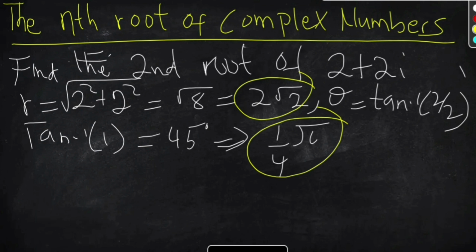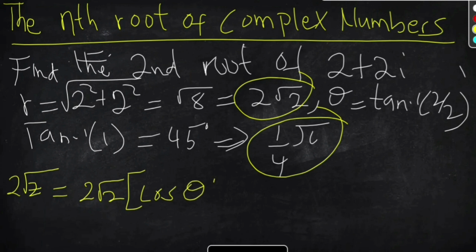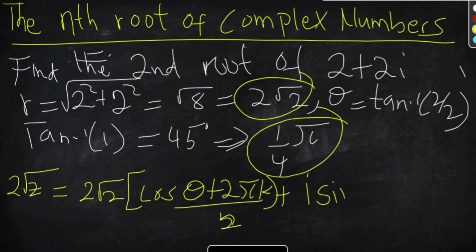So the second root of our z becomes the second root of r cos of theta plus 2 pi k over n, and our n here is 2, plus i sine of theta plus 2 pi k over 2.